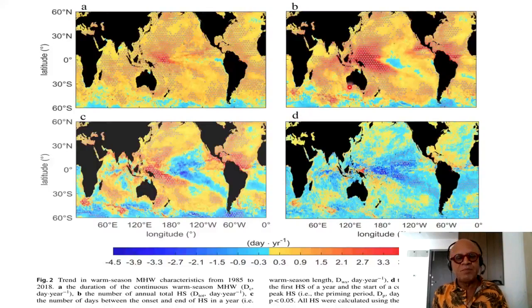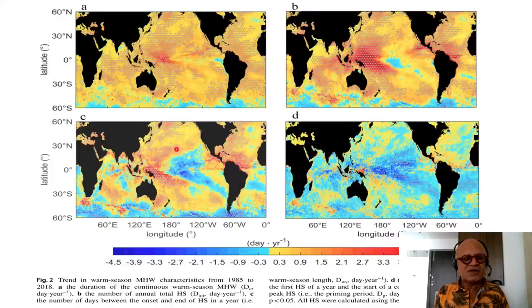Okay, B is basically the number of annual total HS, so D total days per year. So now you can see that there is a negative number here, so the continuous HS days have increased, but the total numbers in a year have decreased as a trend.